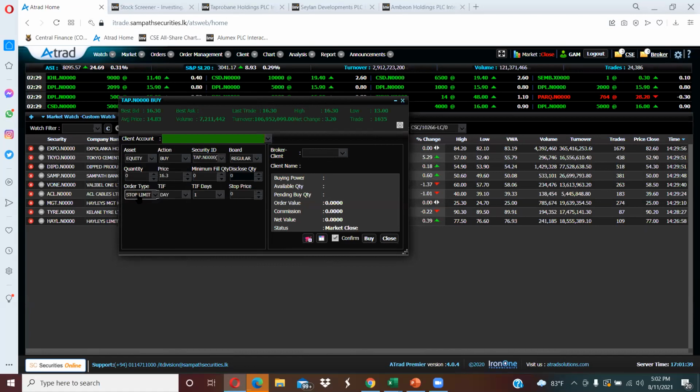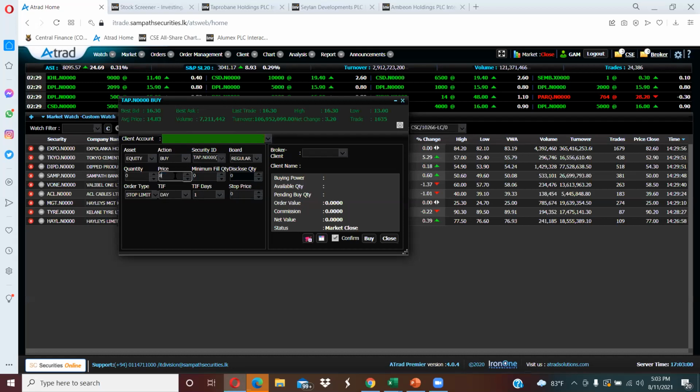When you go to the stop limit order, you will see the stop price. First, you have to concentrate on the stop price, then this price. This is called the stop price, and this is the limit. Thereby, you have this name, stop limit. Stop is this, limit is this.